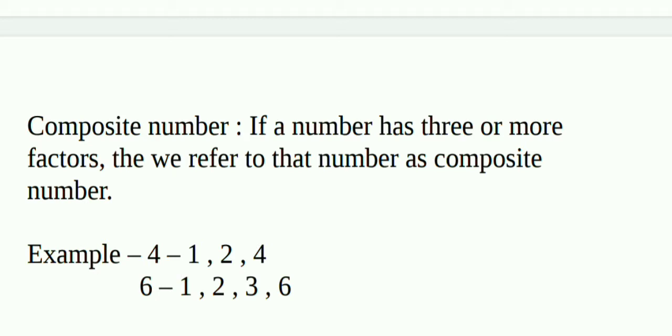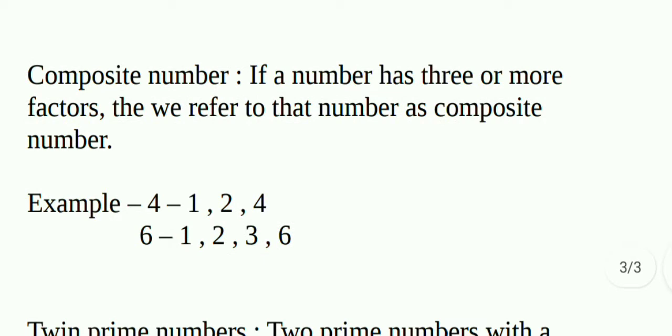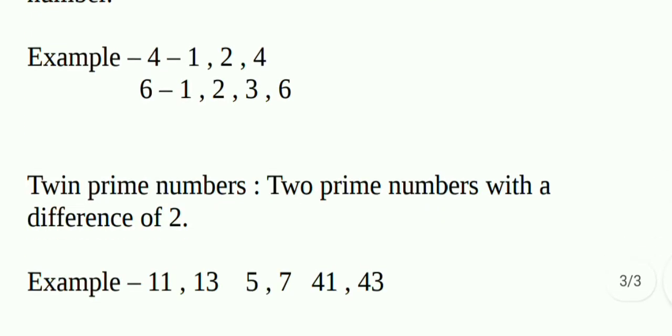Prime numbers have only two factors, but a composite number has 3 or more factors. For example, factors of 4 are 1, 2, 4. Factors of 6 are 1, 2, 3, 6.